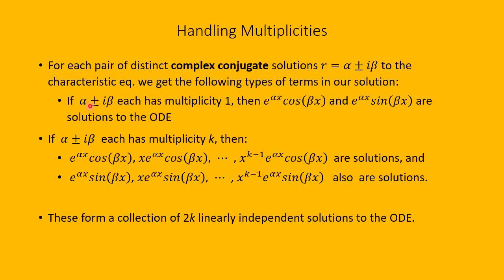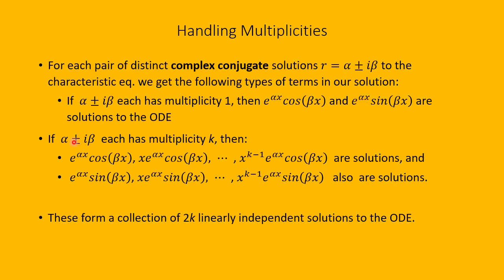If alpha plus or minus i beta each has multiplicity 1, and what I mean by that is alpha plus i beta is a root of multiplicity 1, alpha minus i beta is also a root of multiplicity 1. So this would be two solutions to the characteristic equation. Well, in that case, we have two functions here which are solutions to that constant coefficient ordinary differential equation, and they are linearly independent.